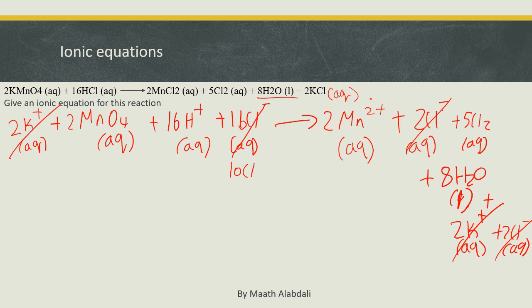Hold on. This one is 4, by the way, not 2. Sorry. 4 Cl2. This one is going to get crossed. This one is going to get crossed. We don't change this one. This is different. This is different. And then yeah, that's it.